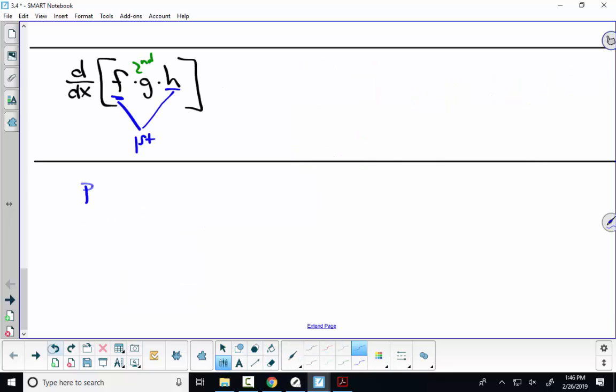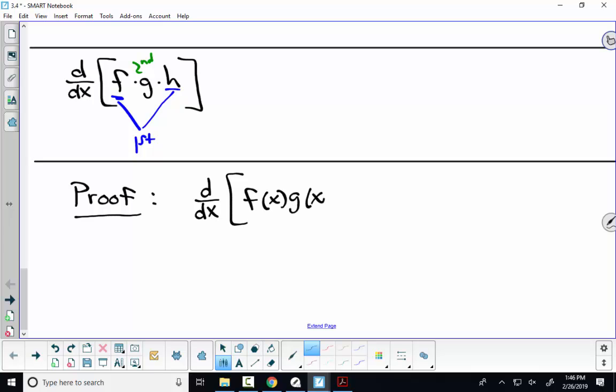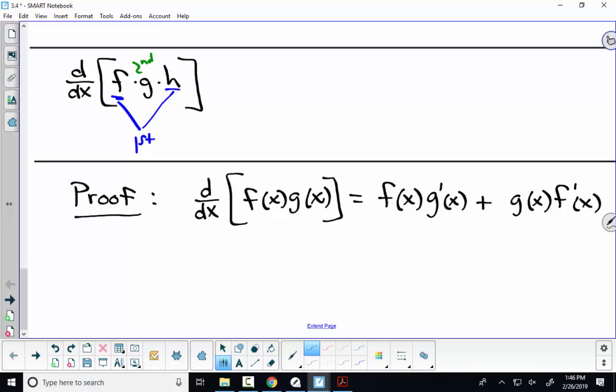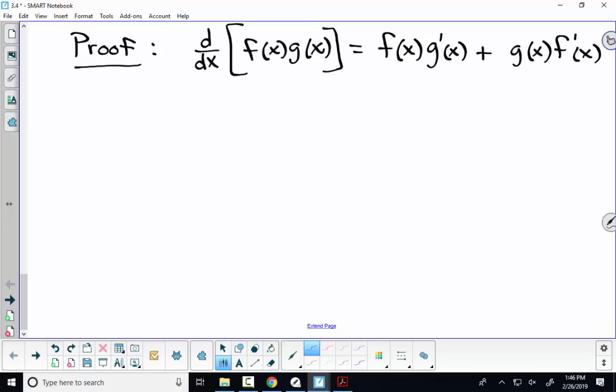So the proof is in the textbook. So we're proving the derivative of f of x times g of x is equal to f times g prime plus g times f prime. Just to give you a glimpse of all of the proofs of all derivative rules that we look at, we do have to fall back on the definition.